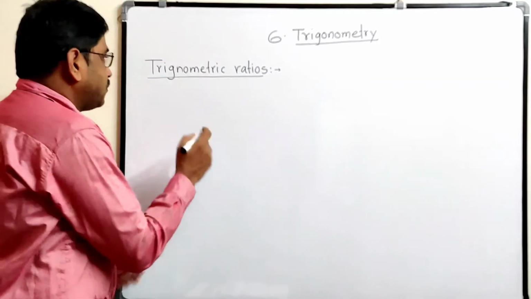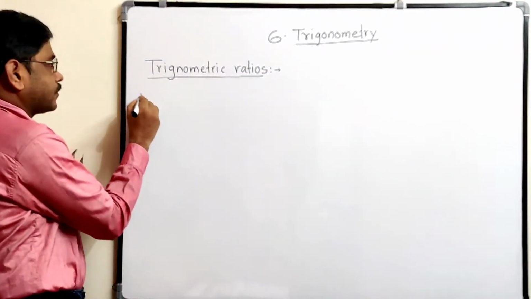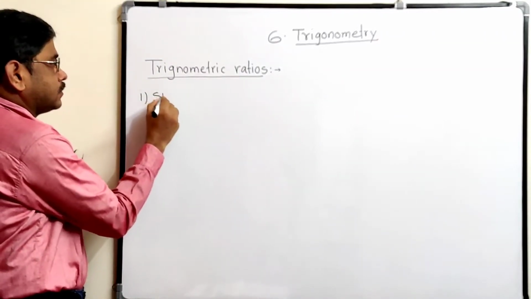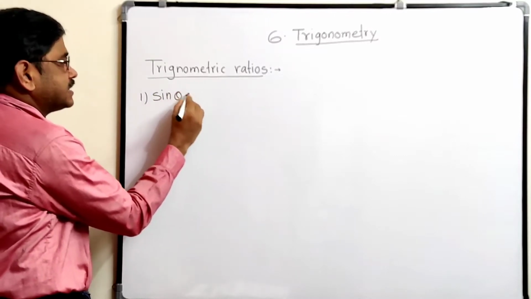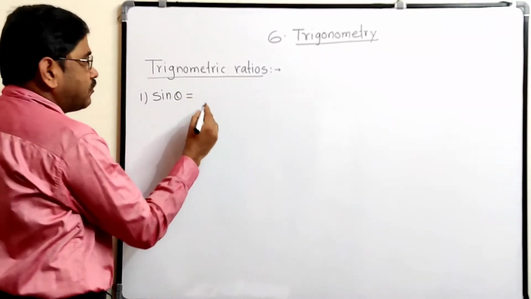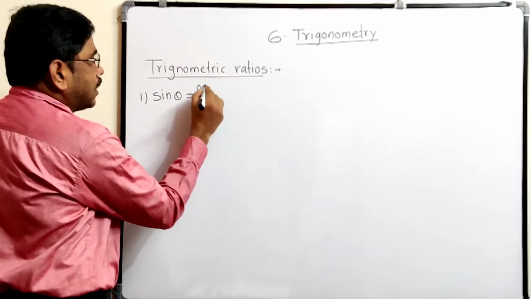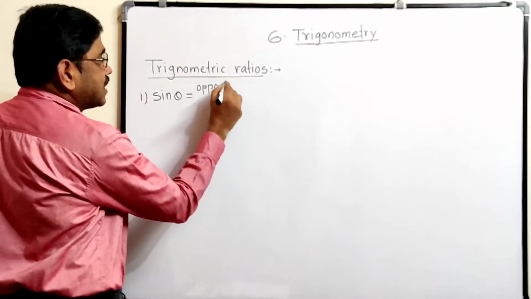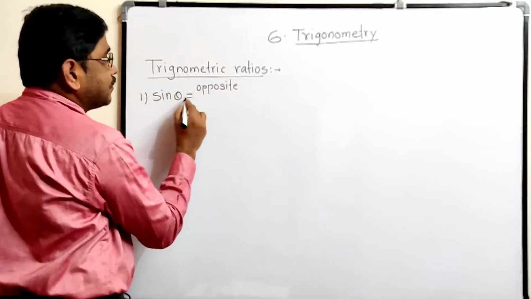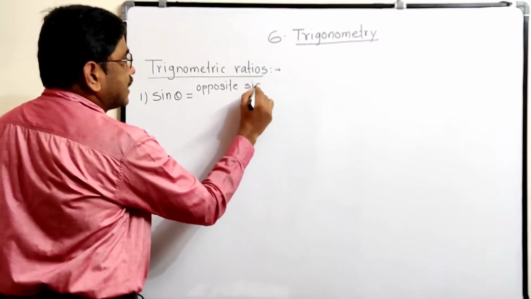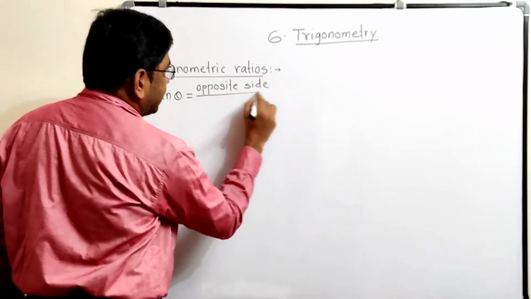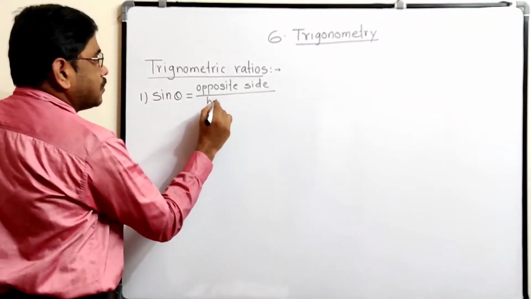So here the first ratio is sin theta. Theta is the measure of that angle. The formula is opposite side. Opposite side means opposite side of that angle theta, divided by hypotenuse.